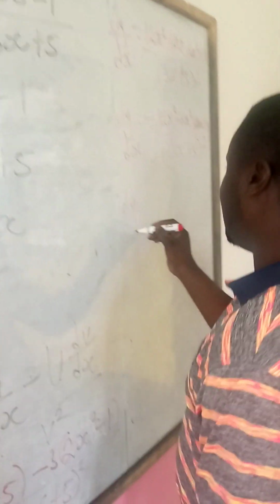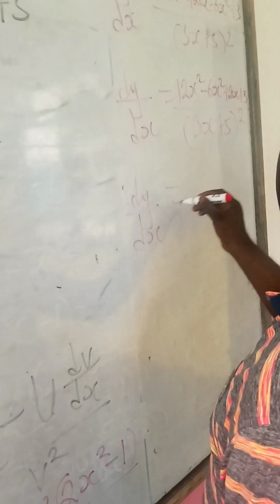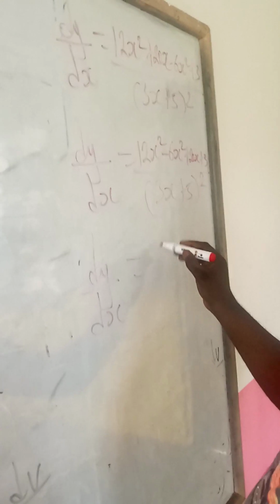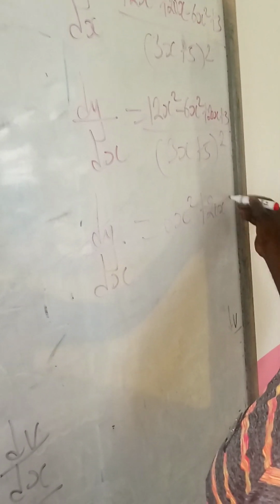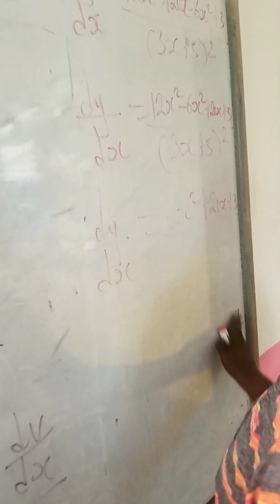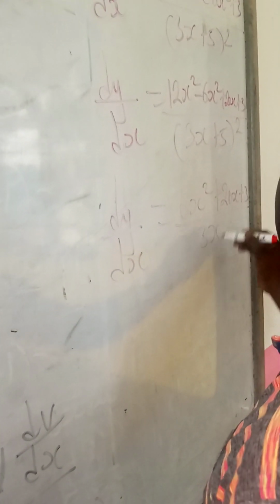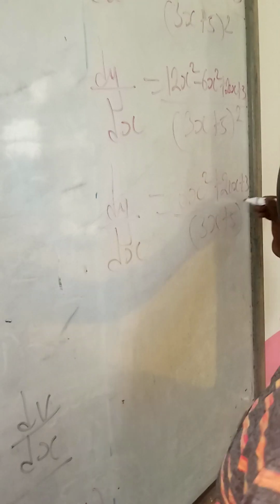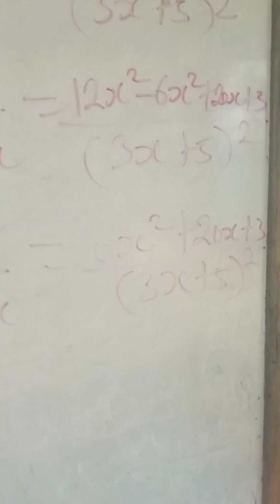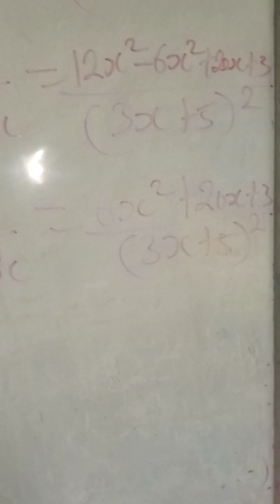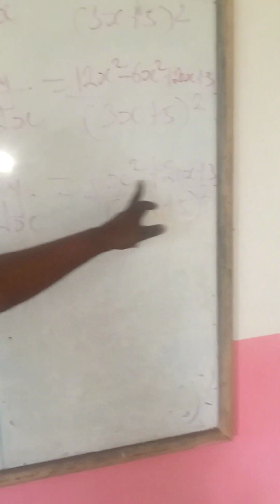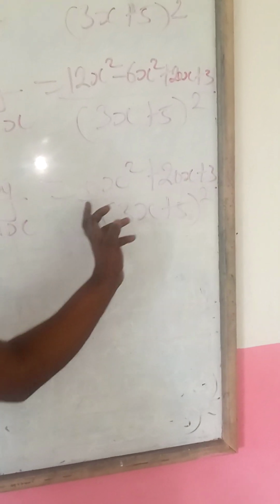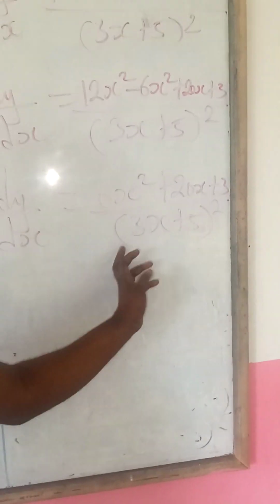So my dy dx equals 12x squared minus 6x squared gives 6x squared plus 20x plus 3. All divided, as you can see, by 3x plus 5 raised to the power of 2. So I so much believe that everybody can see that the final answer is 6x squared plus 20x plus 3, all divided by 3x plus 5 raised to the power of 2.